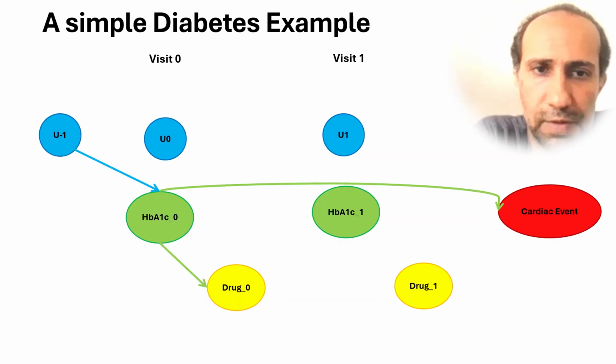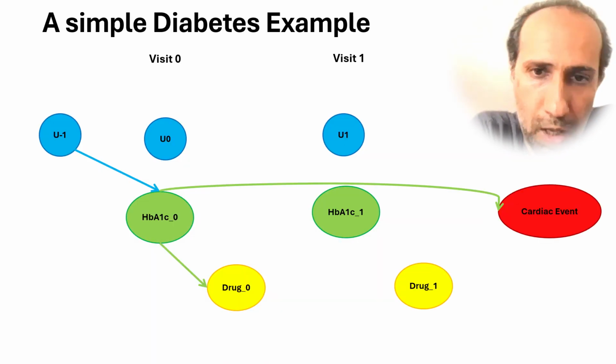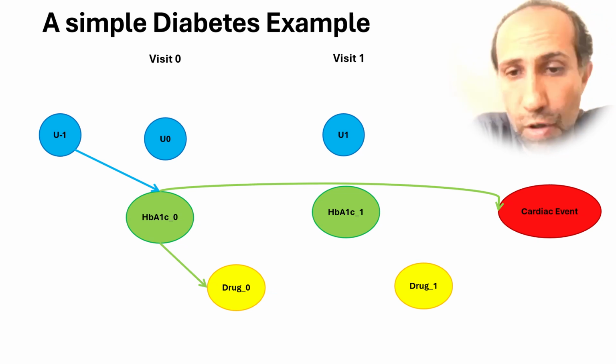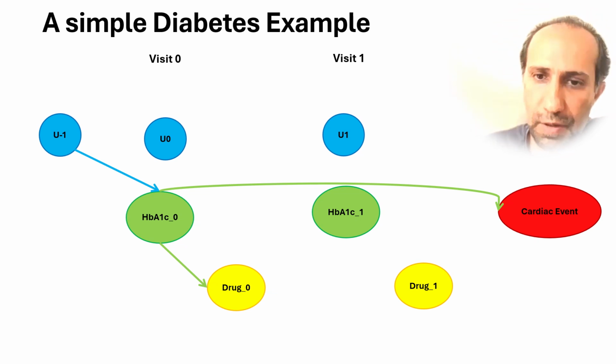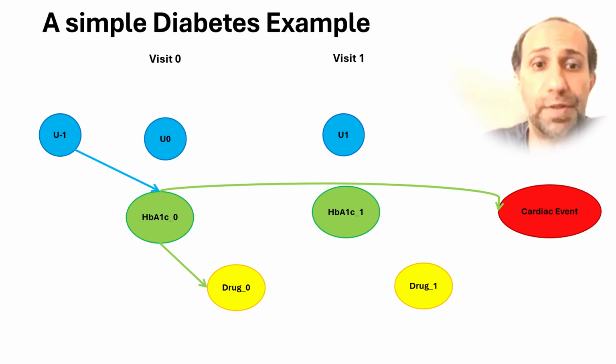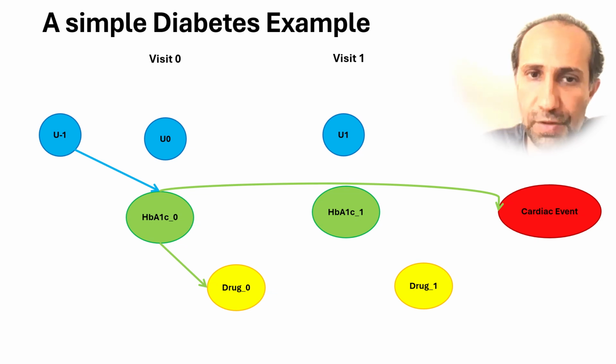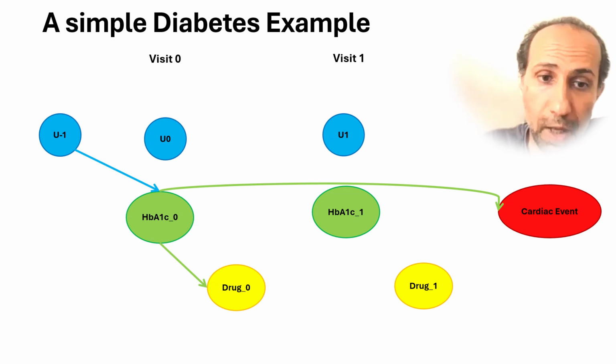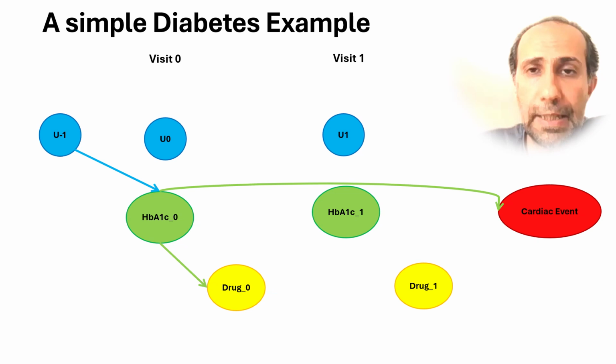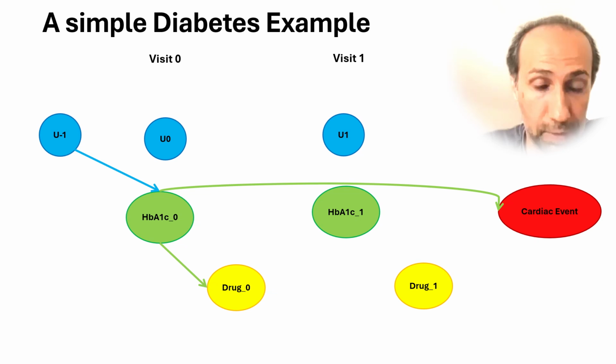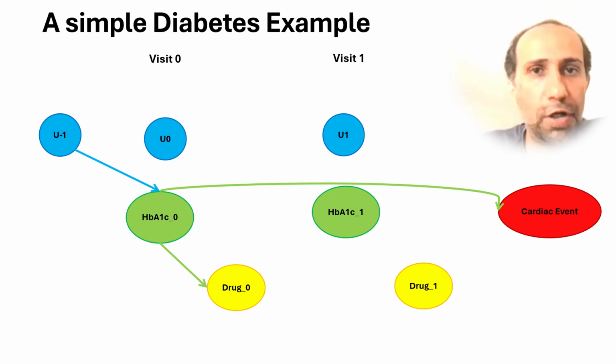Okay, let's use a simple diabetes example. The outcome is a cardiac event. You can see here just two visits, visit 0 and visit 1. HbA1c is a blood biomarker that indicates the level of glucose in the blood, and drug indicates the diabetes drug.